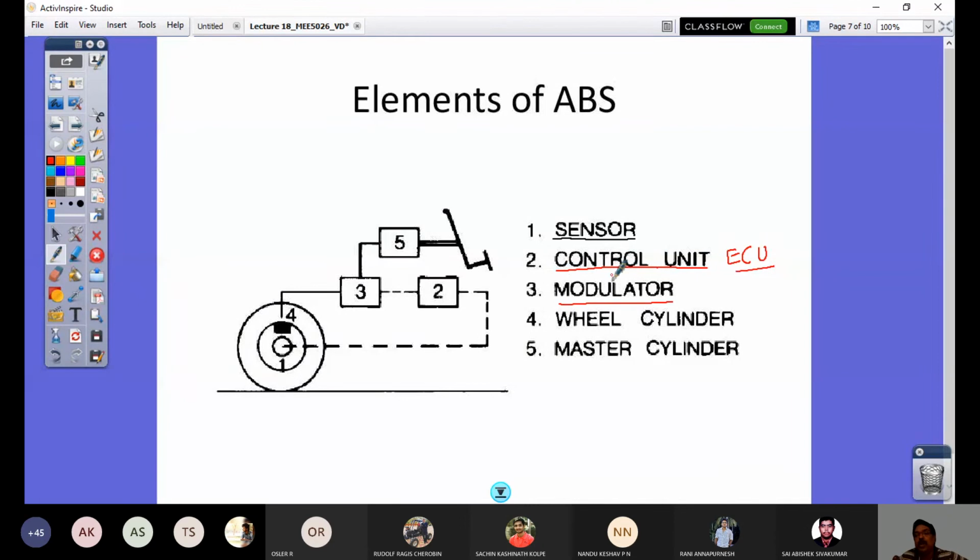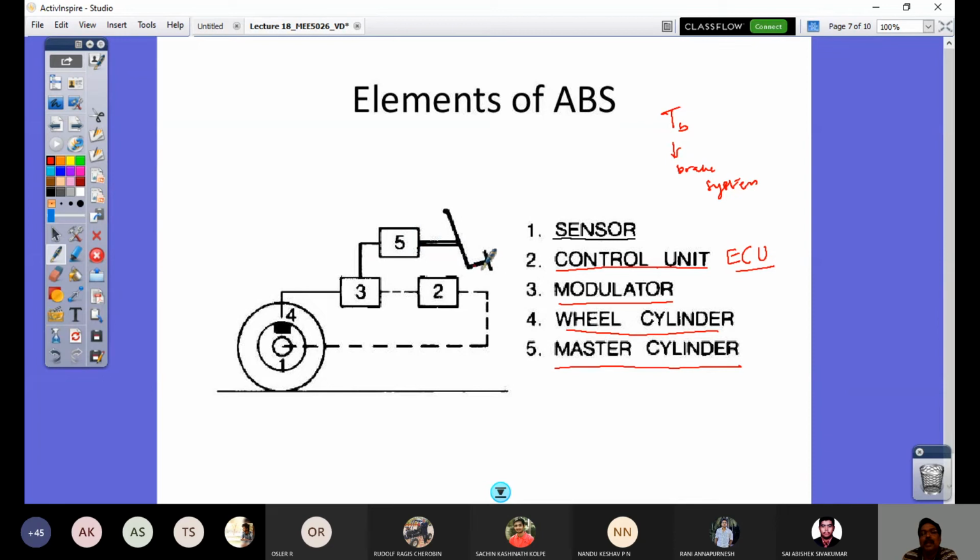So if it is about to lock, I have to reduce TB. I have to reduce TB. We have just now seen, TB comes from the brake system. So what do you mean by brake system now? Look here, wheel cylinder and master cylinder. There is a master cylinder which is connected to this pedal.